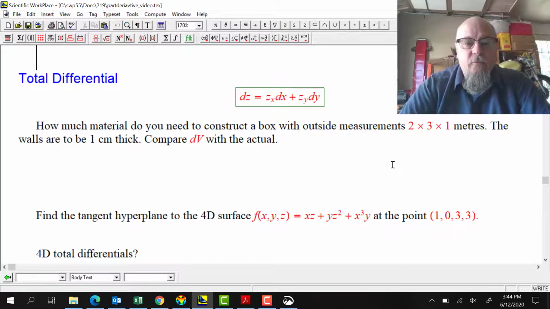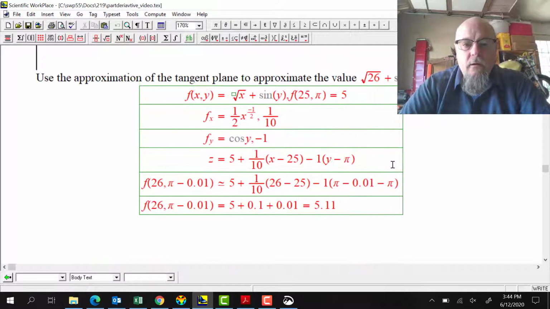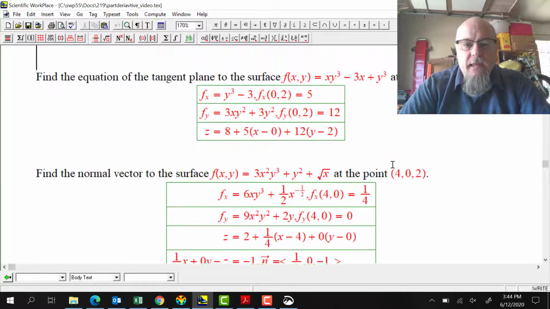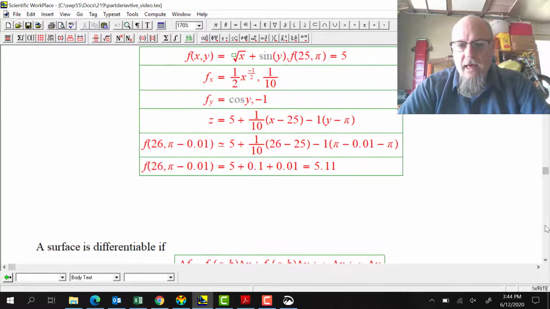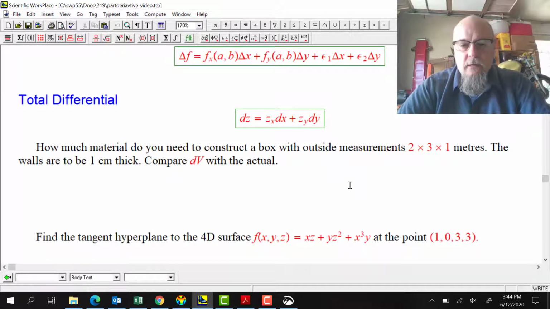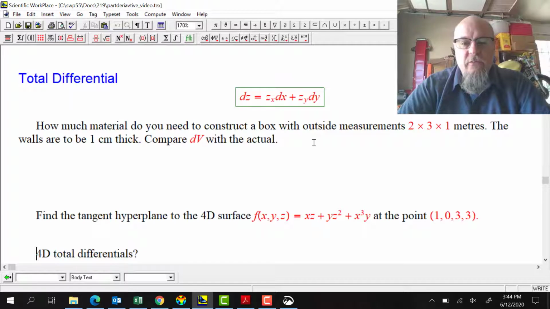Well, I'm going to take this formula, equation of the tangent plane, that we built up here, and I'm just going to extend it by putting on one more piece. It's slope times change in the x, slope, change in the y. I'll add on a slope, change in the z.